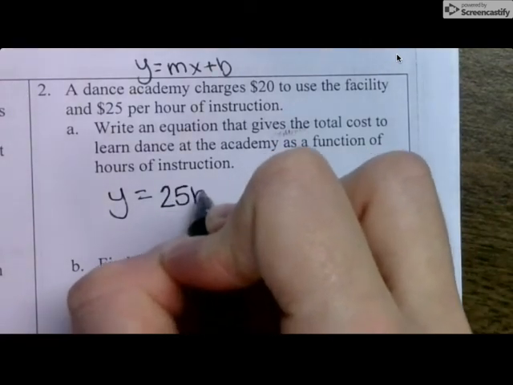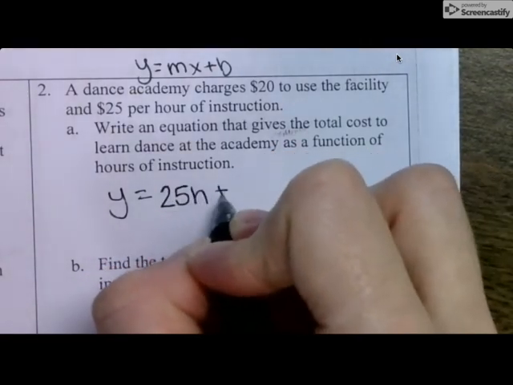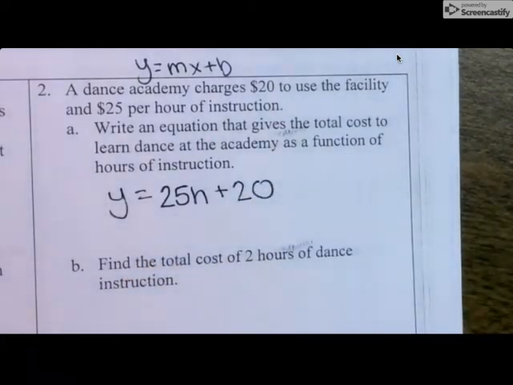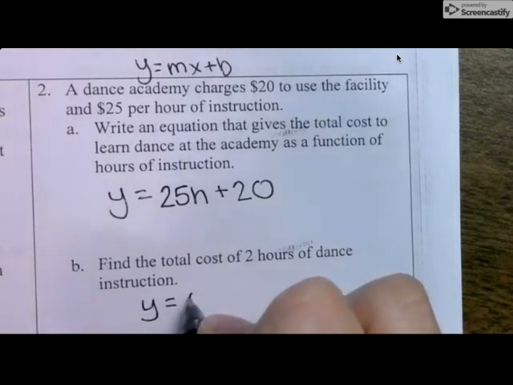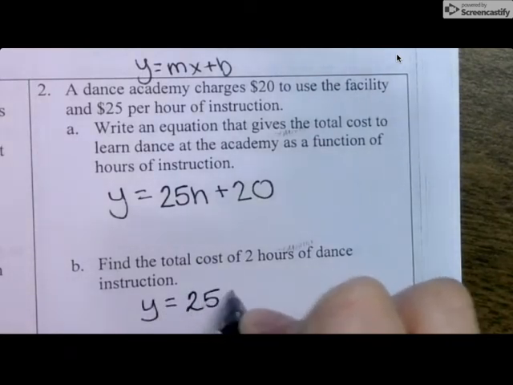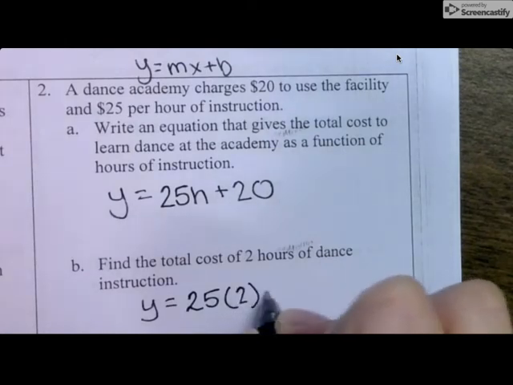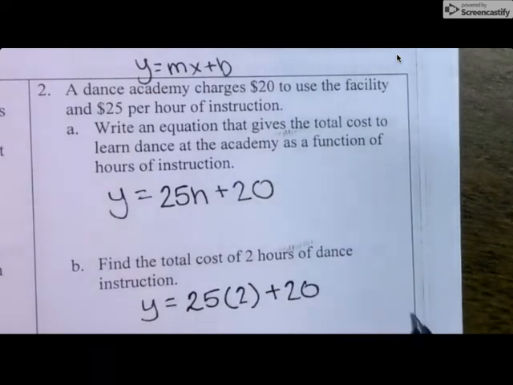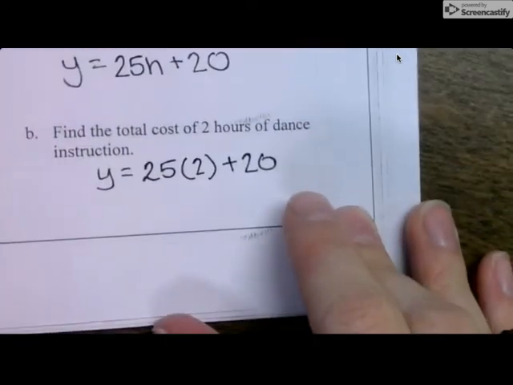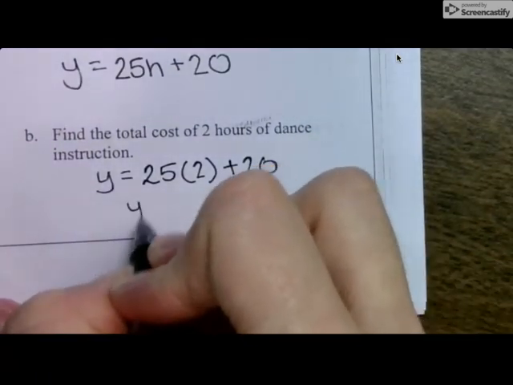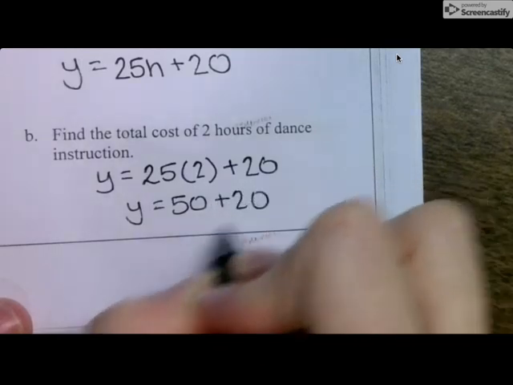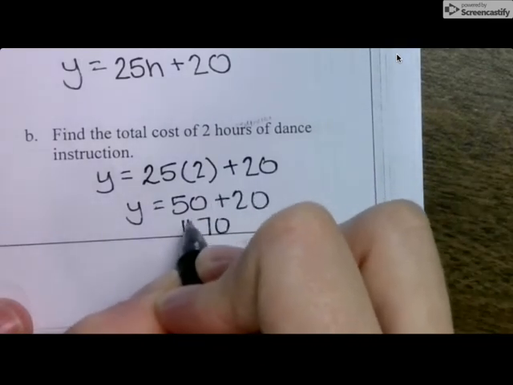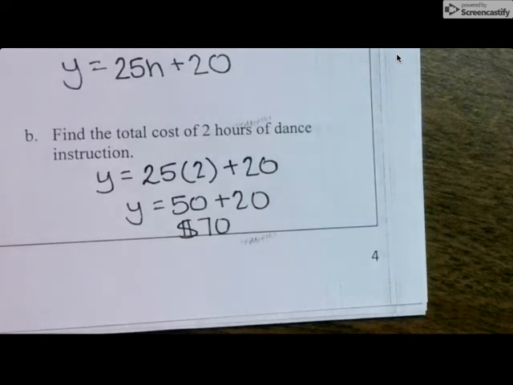And again, if you want to use h instead of x, that's fine. And then this is going to be plus 20. Then it says, find the total cost of 2 hours of dance instruction. Same thing. We would have 25, in place of h I would have 2, plus 20. Well, 25 times 2 is 50 plus 20. That is 70. And again, we are talking about money.